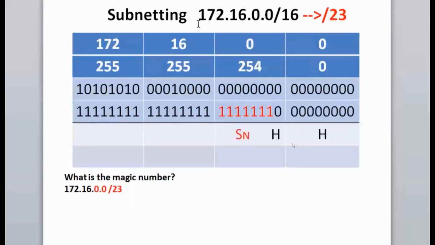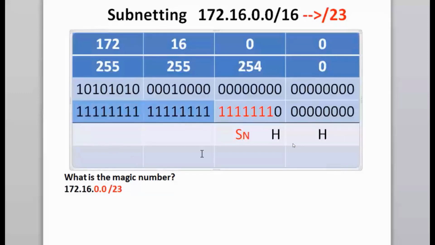For instance, if we take a 172.16.0.0 network /16, you can see in this scenario I've subnetted it to a /23 subnet mask. In other words, I've taken the original 16 network bits and borrowed 1, 2, 3, 4, 5, 6, 7 ones from the host portion of the subnet mask.